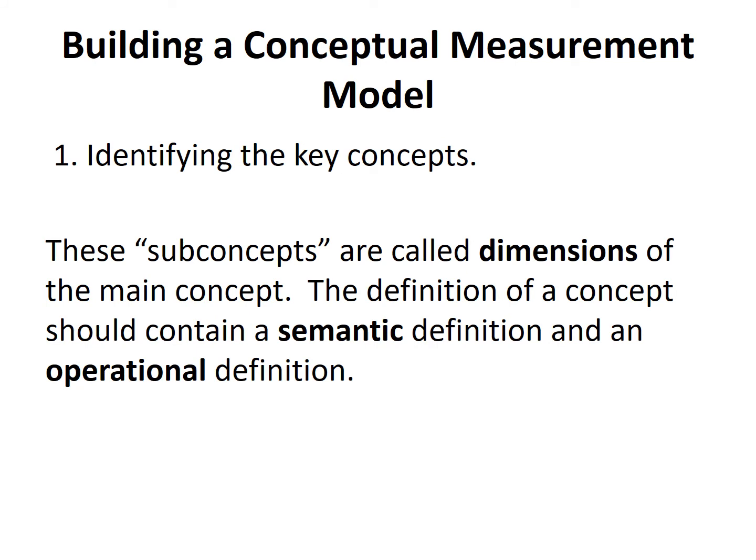So we're going to have 2 examples: building a conceptual measurement model, and then building a conceptual explanatory model. The first step in building a conceptual measurement model is identifying the key concepts. Then these sub-concepts are called dimensions of the main concept, and the definition of the concept should contain a nominal definition and an operational definition, just like we saw in the last slide.